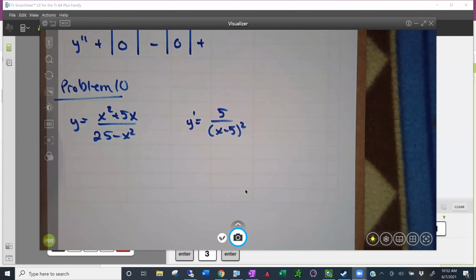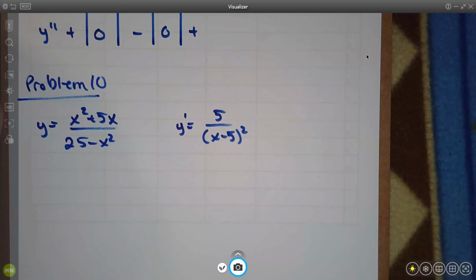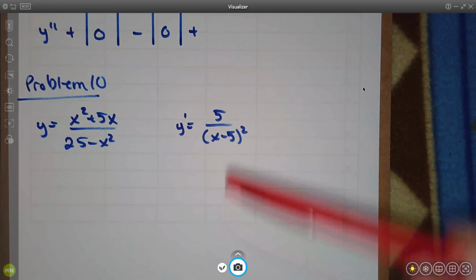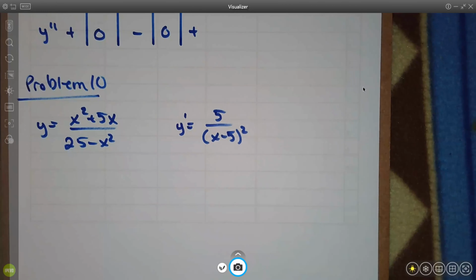Now, if I gave you the first derivative like this, you could be clever in getting the second derivative. How could you help yourself in getting the second derivative? What would you have to do to get the second derivative? Quotient rule. Yeah, quotient rule.